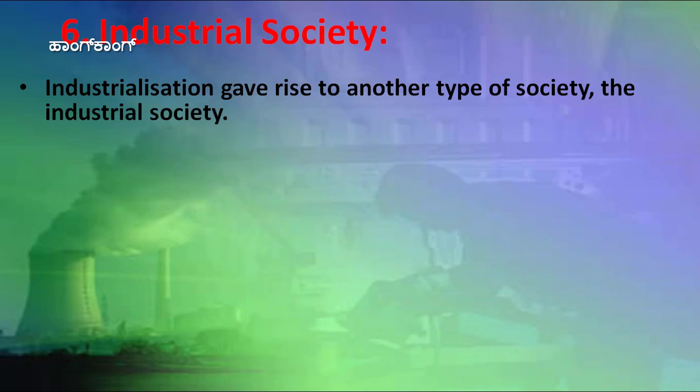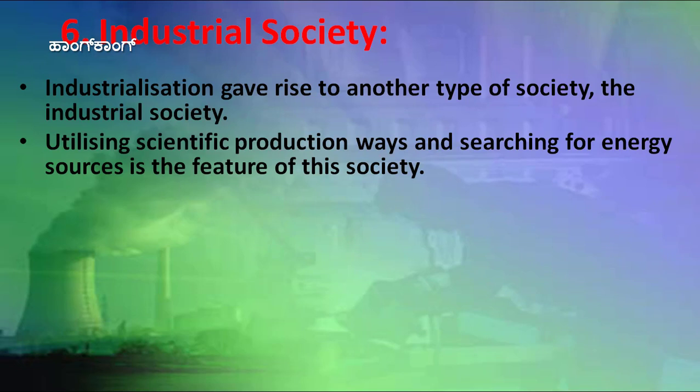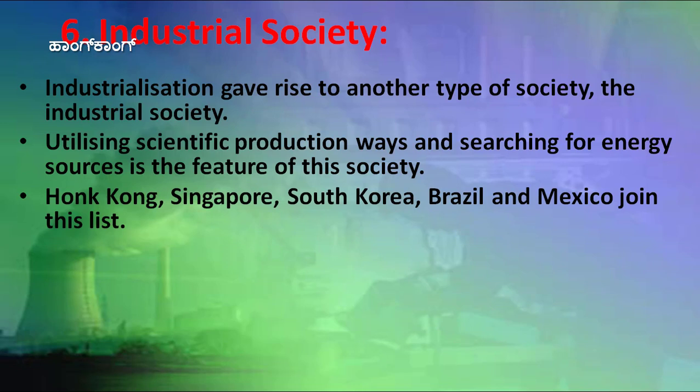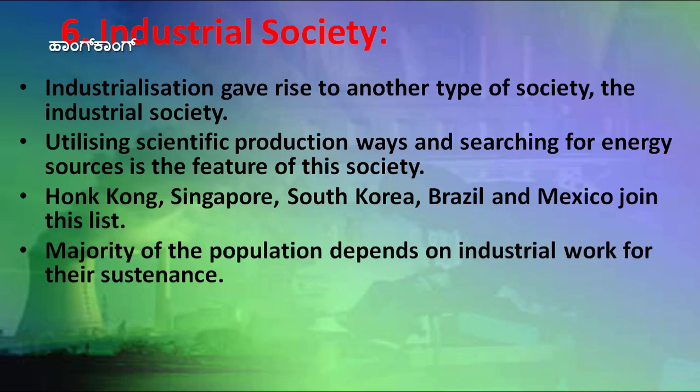And here is the industrial society. Industrialization gave rise to another type of society, the industrial society. Utilizing scientific production ways and searching for energy sources is the feature of this society. Hong Kong, Singapore, South Korea, Brazil and Mexico join this list.